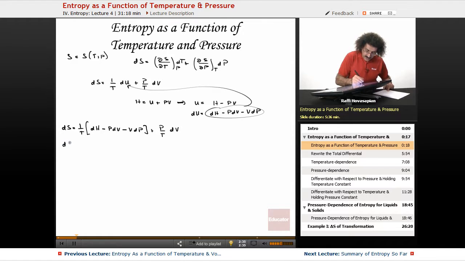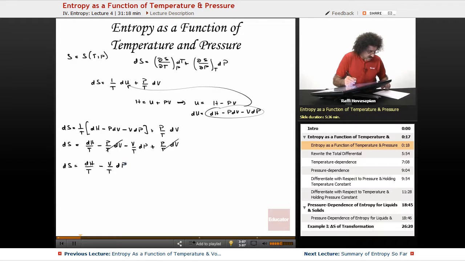I'm going to multiply it out. dS equals dH over T minus P over T dV minus V over T dP plus P over T dV. These terms cancel, and I'm left with dS is equal to dH over T minus V over T dP.